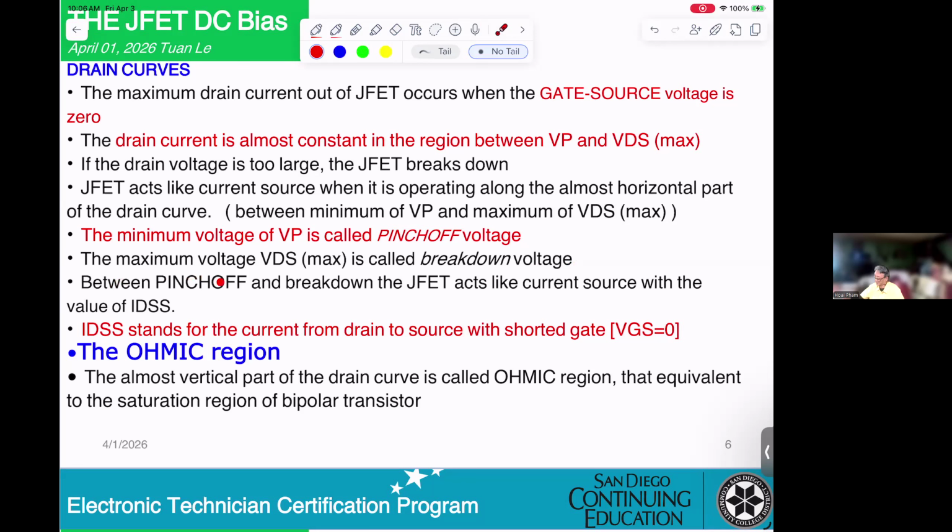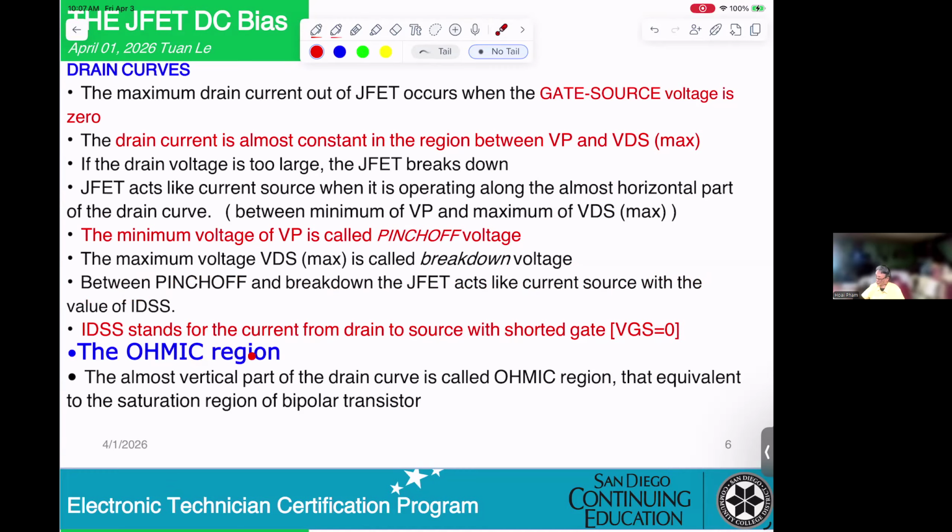Between pinch-off and breakdown, the JFET acts like a current source with the value of IDSS. IDSS stands for the current from the drain to the source with shorted gate, meaning VGS equals 0.